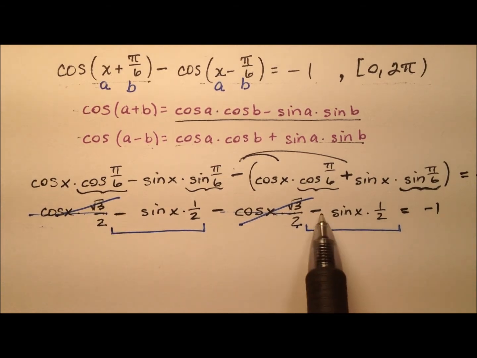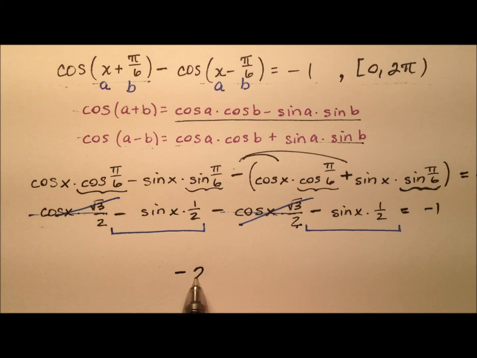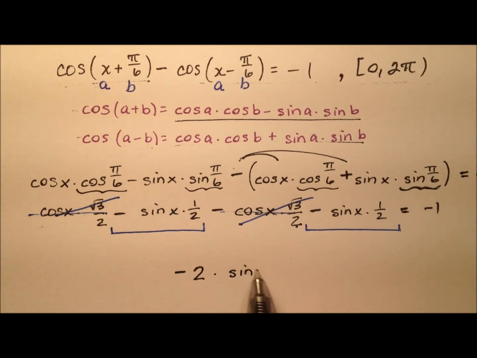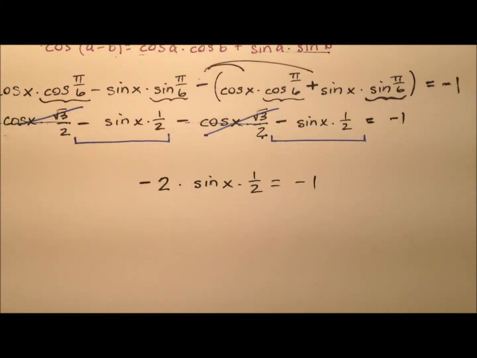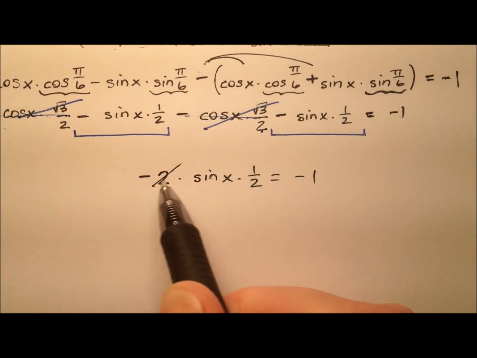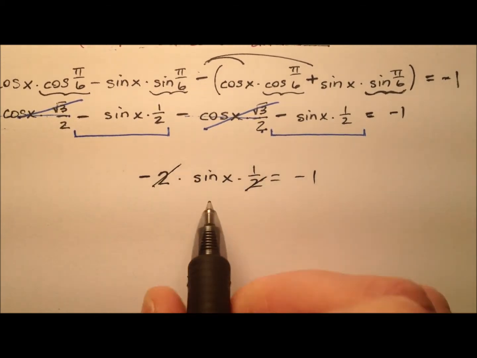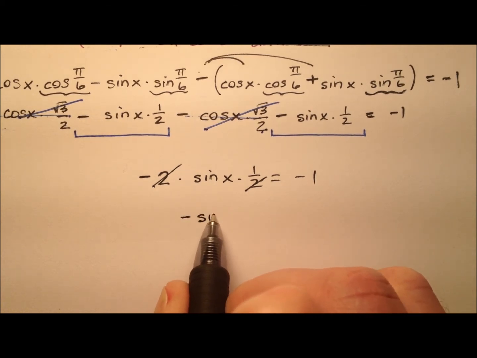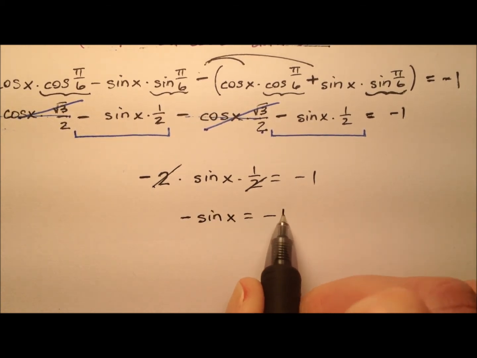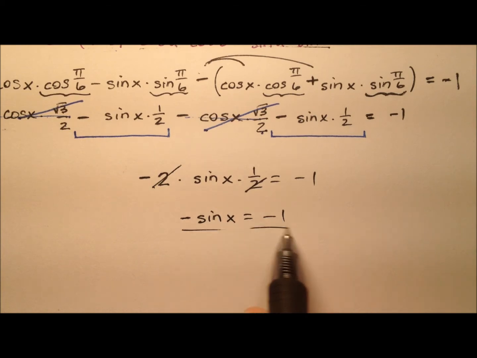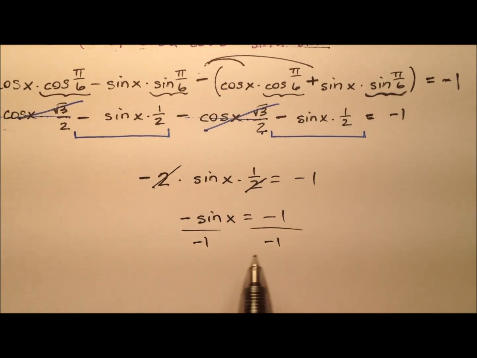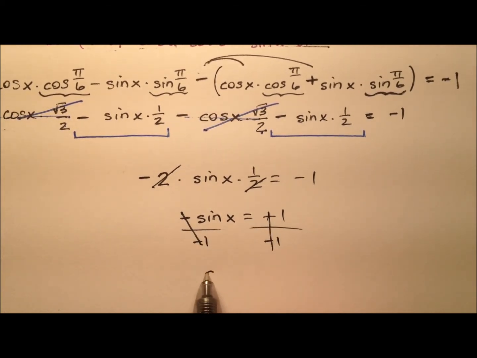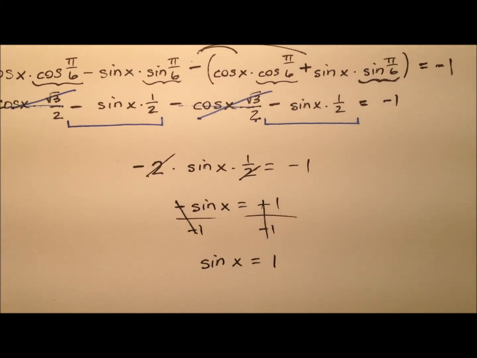So we're just going to say minus 2 times sine x times 1/2, and that equals -1, which is nice because this 2 and the 1/2 cancel. So we have the opposite of sine of x equals -1. A quick division by -1 tells us that the sine of x equals +1.